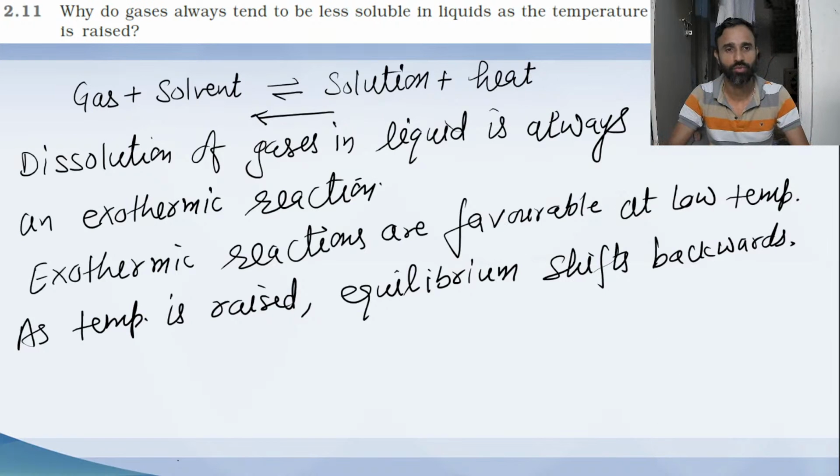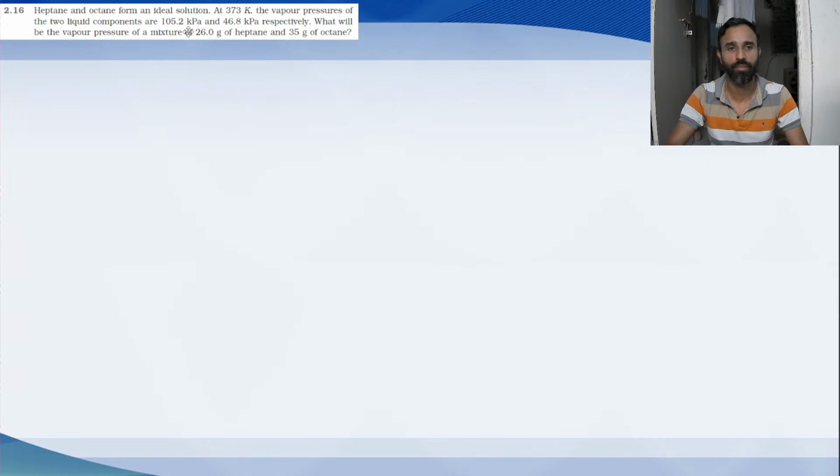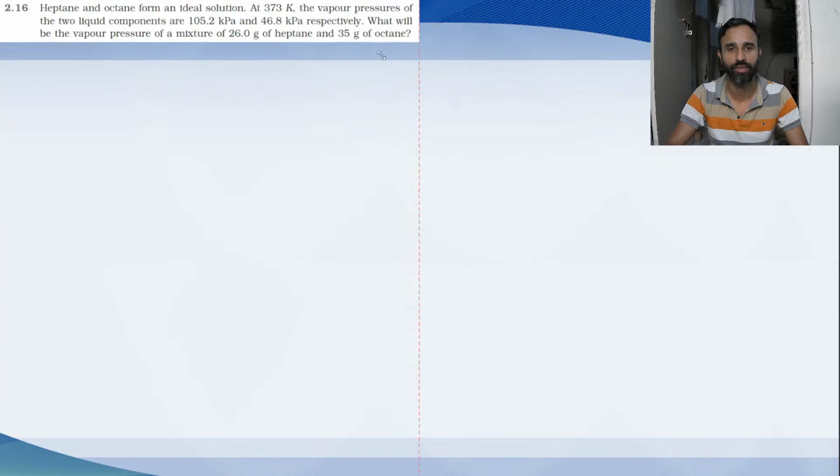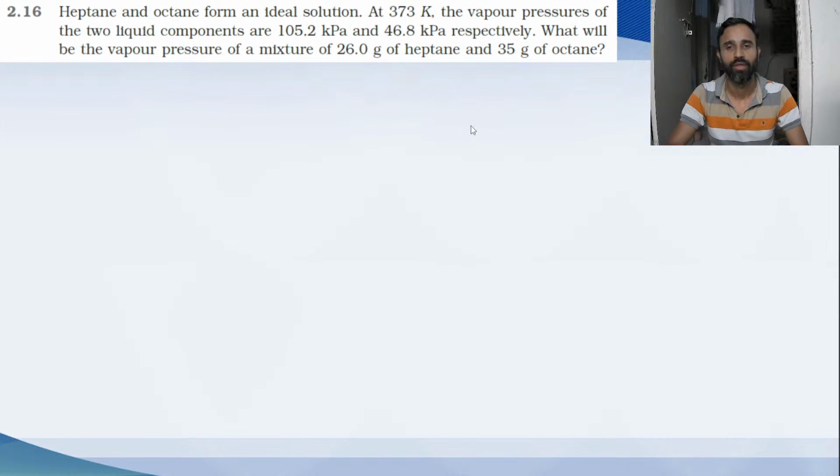Okay. Question number 11. Now, question number 16. Heptane and octane form an ideal solution.